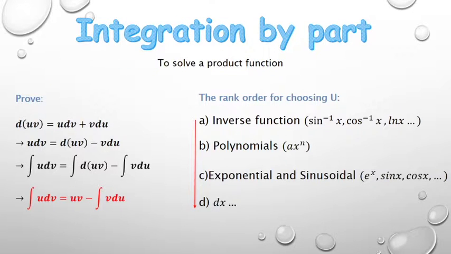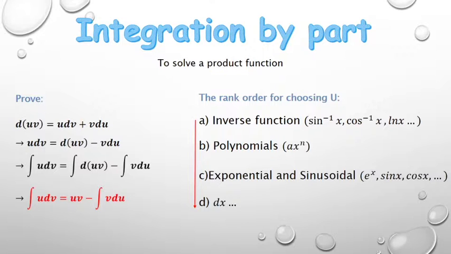The next thing that we are going to discuss is the technique of integration by parts. First, we have to look at where it came from. As you can remember in 1a, when solving a differentiation of a product, we have a product rule. Therefore, d(uv) equals u dv plus v du. We can then move v du to the other side of the equation, and it becomes u dv equals d(uv) minus v du.